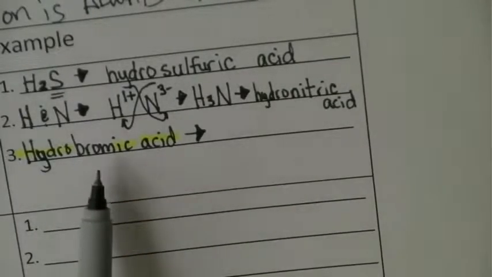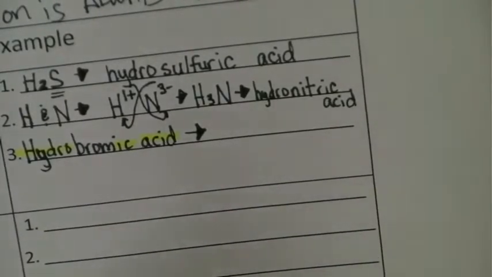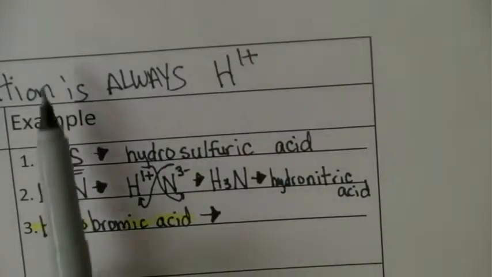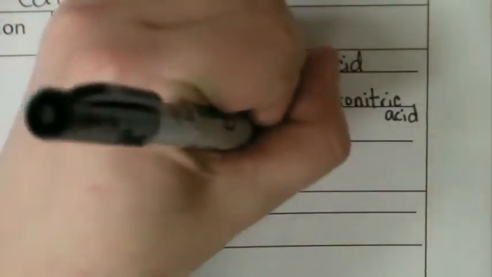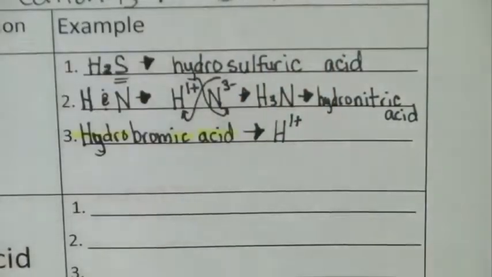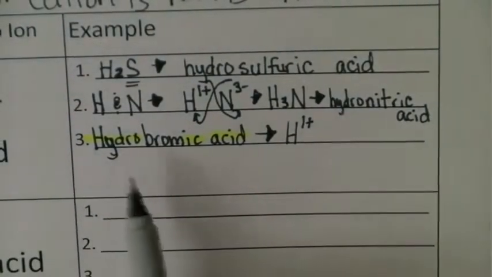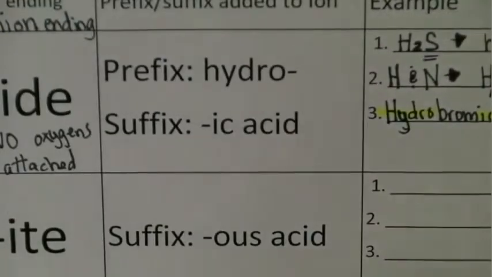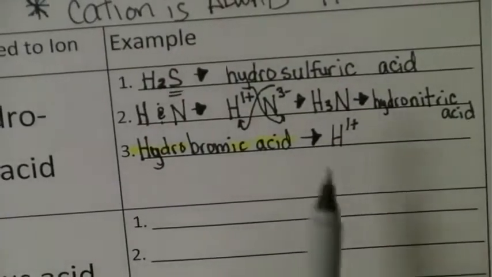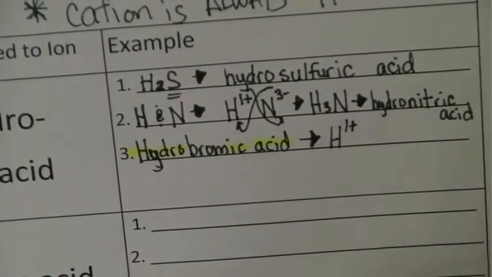So to do the simple part first, we know no matter what, our cation is H+1, right? So we know that we're crossing hydrogen with a +1 charge. And again, since we notice this is hydro-ic acid, our anion is just the ide anion. So bromide, right? We know it's bromine because of our root word, bromide.